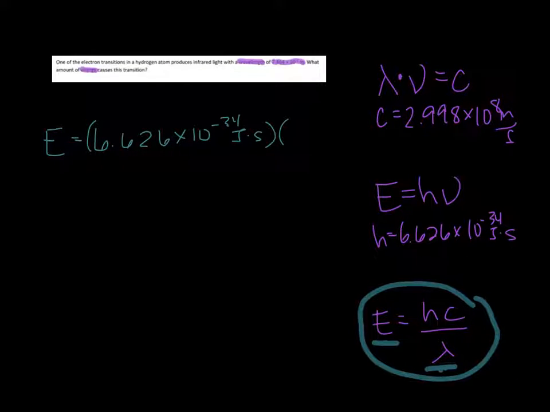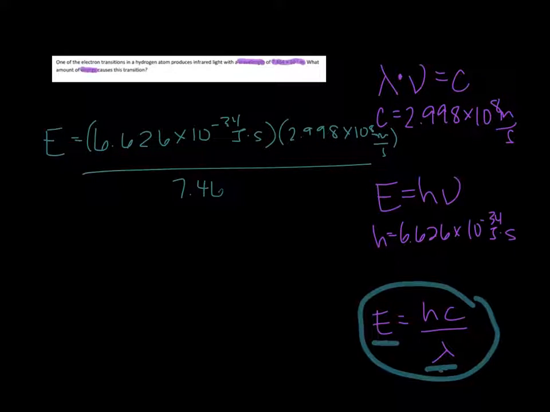And then my C, speed of light, is 2.998 times 10 to the 8th meters per second. And then I'm going to divide that by my wavelength of 7.464 times 10 to the negative 6, and that's in meters. Again, if I check my units, seconds cancel, meters cancel, and so I'm left with joules, which is what I want to find.